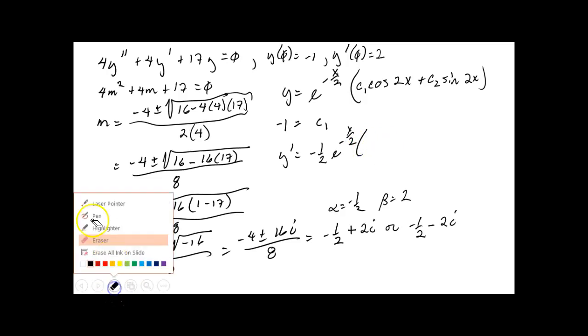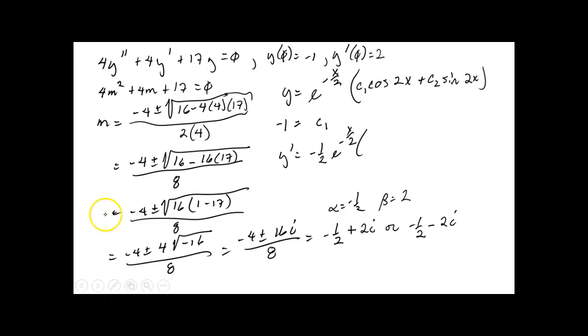Minus cosine 2x plus C2 sine of 2x. So there's the derivative of the first times the second. We just plugged in what C1 is because we already know it. And then you do plus the first, e to the minus x over 2, times the derivative of the second.